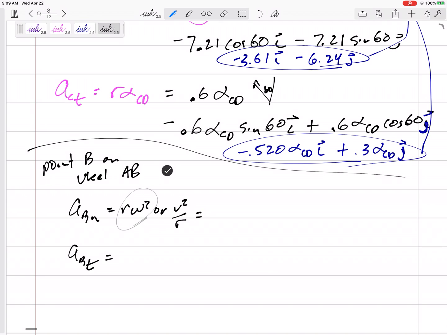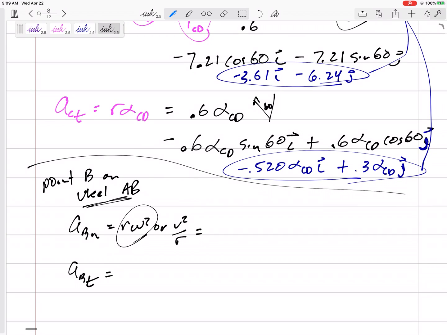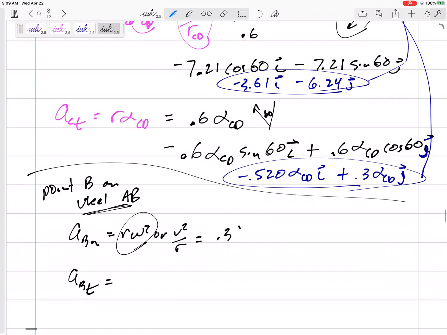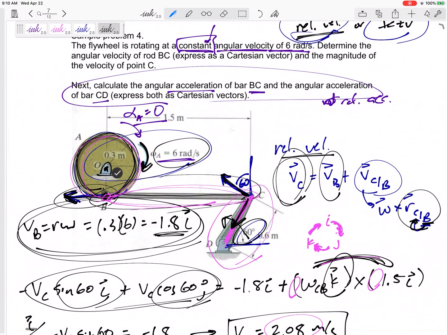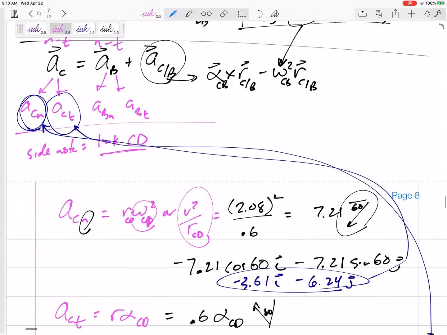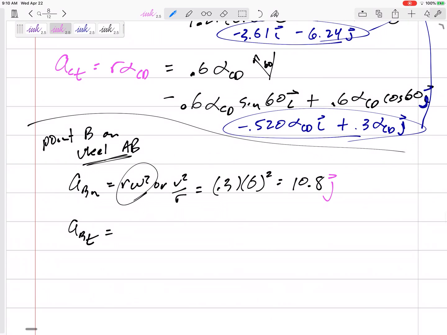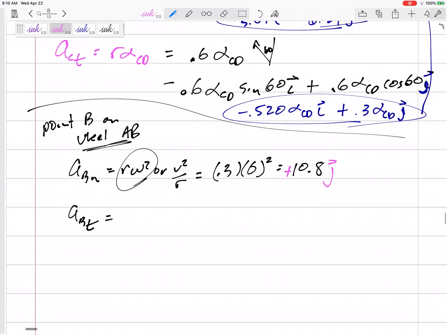I think I've got the r and the omega squared. I'm only looking at wheel AB. All right, 0.36 squared, 10.8. Okay, but is this I, is this J, is this at some angle? We were lucky that this was just at the bottom of that disc. It is into the curve, which would be completely all in the positive J. So this is in the positive J.